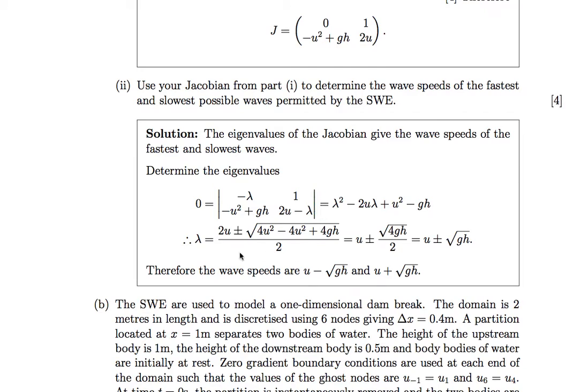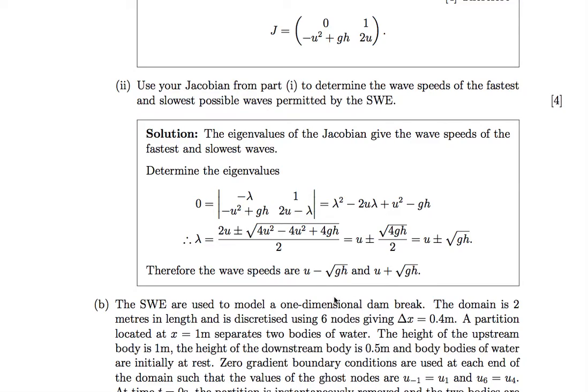Okay, so use the quadratic formula to solve for lambda, and eventually we get lambda equals u plus or minus root g times h. So the slowest wave speed is u minus root gh, and the fastest is u plus root gh.